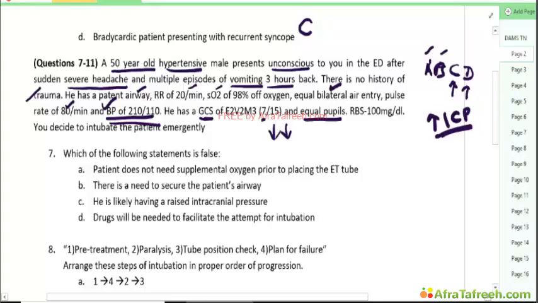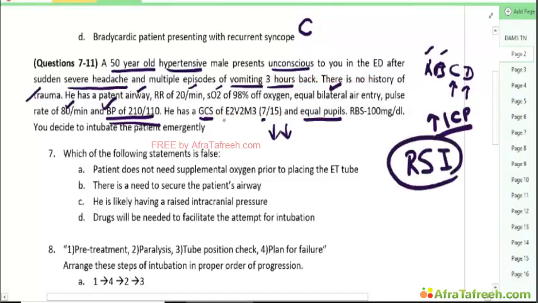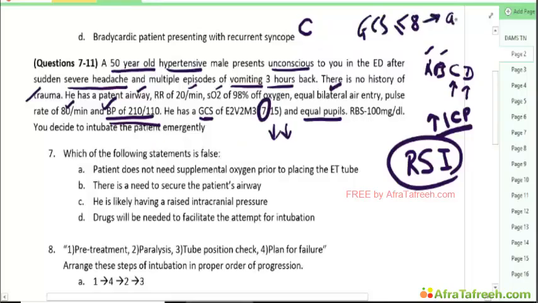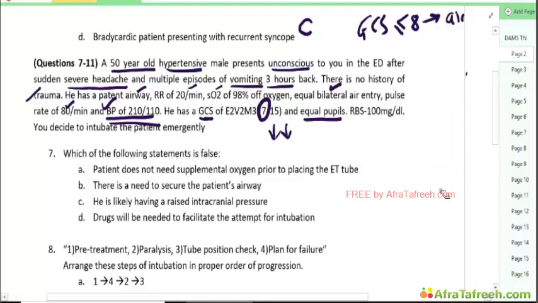Okay, so let me discuss one concept which is known as rapid sequence intubation. First of all, clearly this patient is in deep coma. Anything which is less than or equal to 8 on GCS warrants airway protection. Well, this is not a rule.